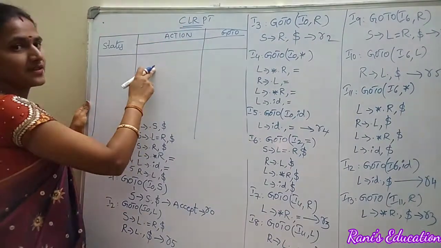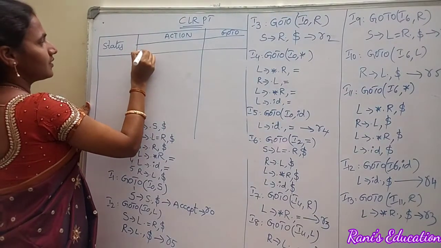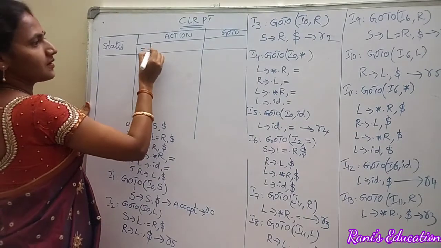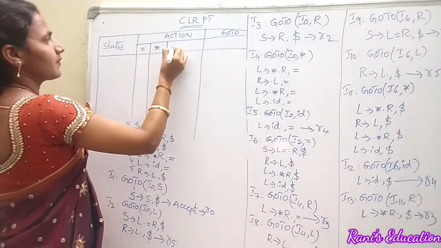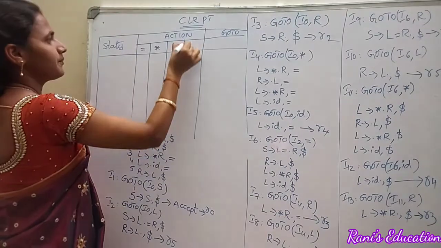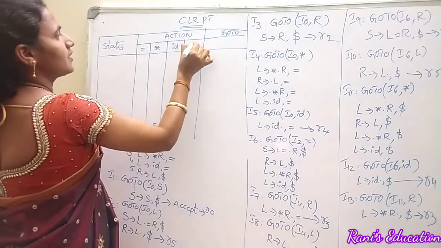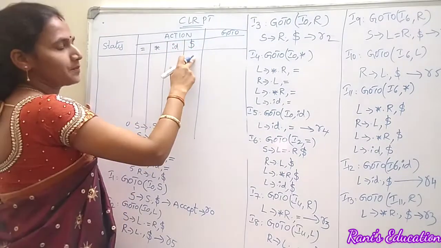What are the terminals in the action part? Equal, asterisk, ID, followed by dollar.